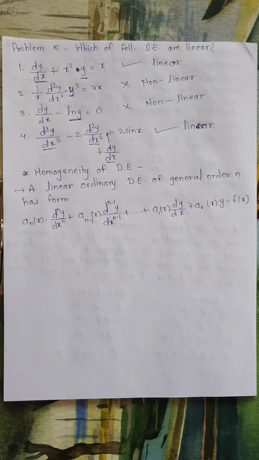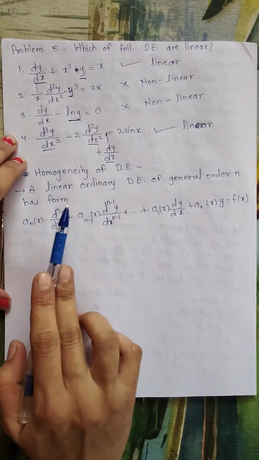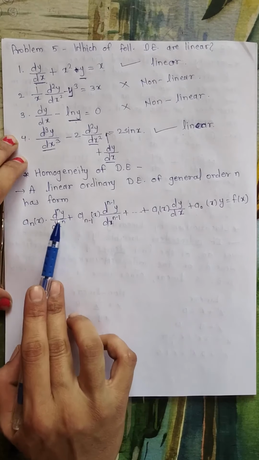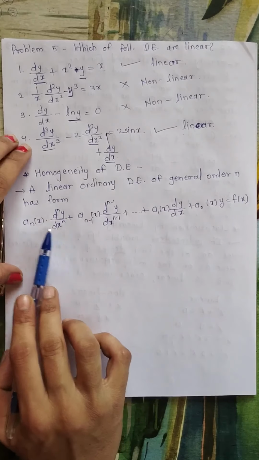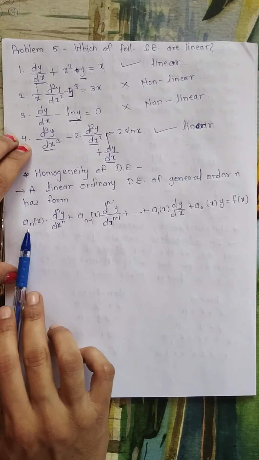The next point is homogeneity of differential equations. It means you can check whether your differential equation is homogeneous or non-homogeneous. A linear ordinary differential equation of order n is generally written in this form: aₙ(x) dⁿy/dxⁿ, that is the nth order derivative, and aₙ(x) is the coefficient of that derivative.